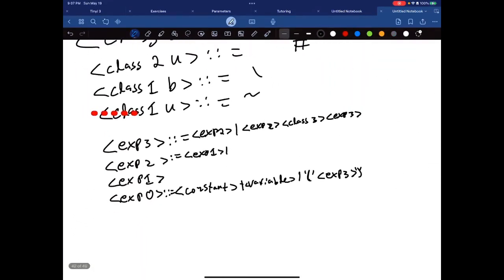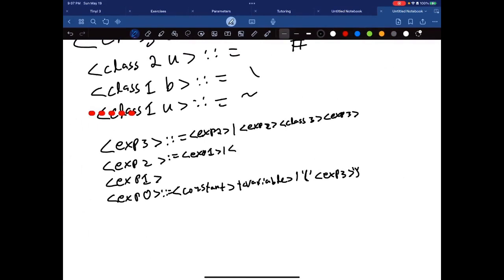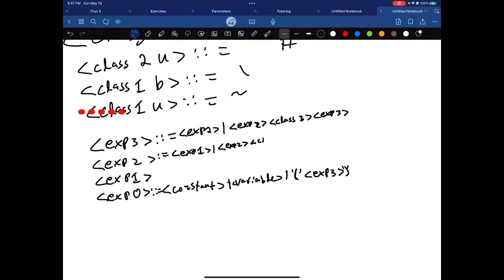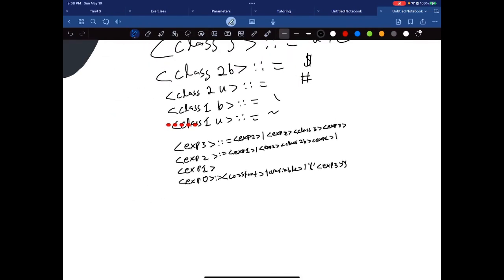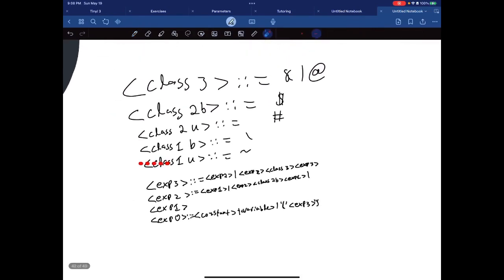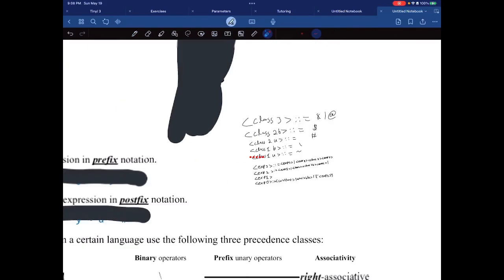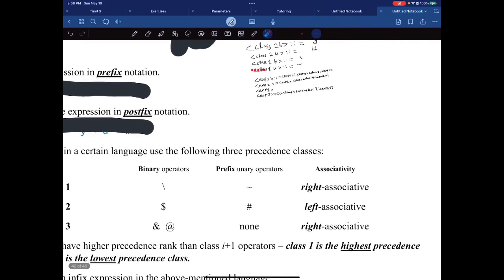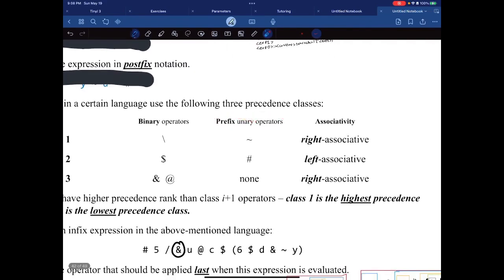So binary, that's going to be expression 2, class 2B, expression 1. Okay, so that deals with that case. But then now we have another case where we say class 2 unary, where it takes in one thing and it's a prefix unary operator.